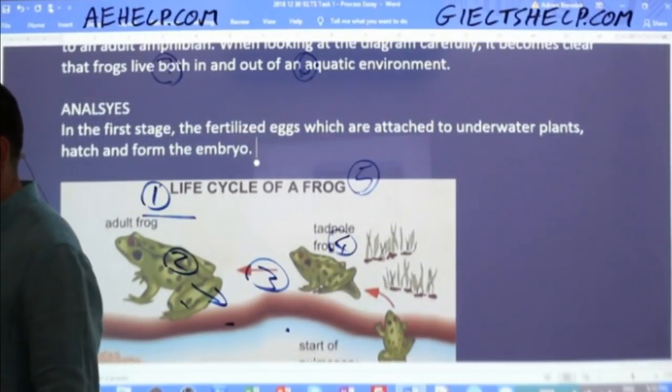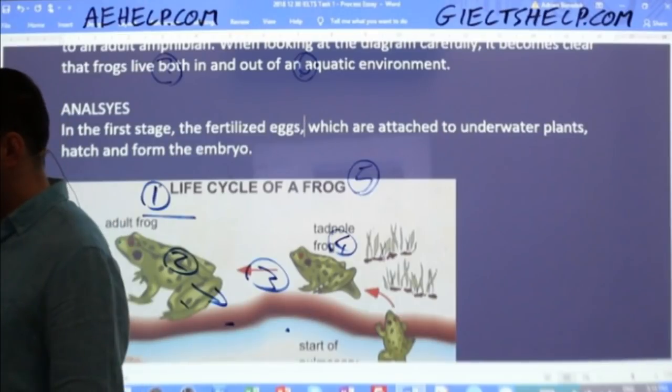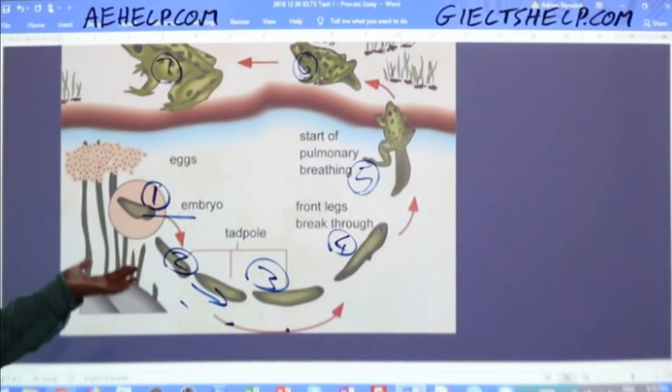Okay, good. Okay, so nice descriptive language. If the diagram shows you that the eggs are attached to these plants, state that, okay? What does the embryo then do? All right, so what's my second step?